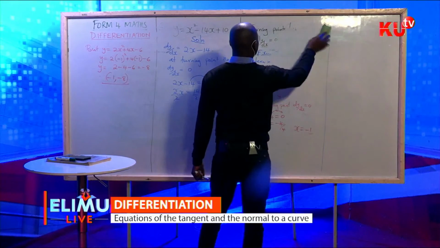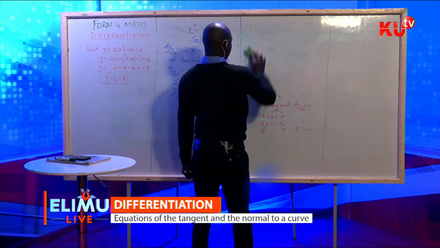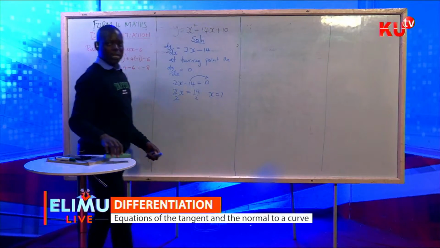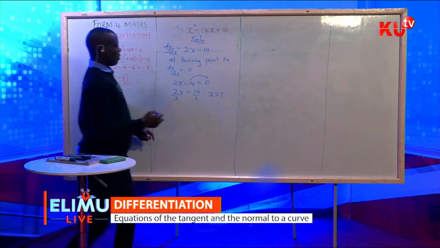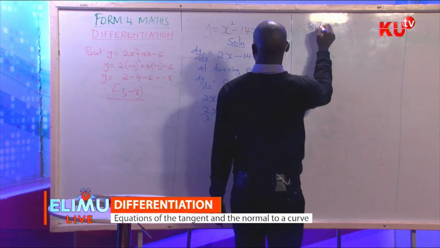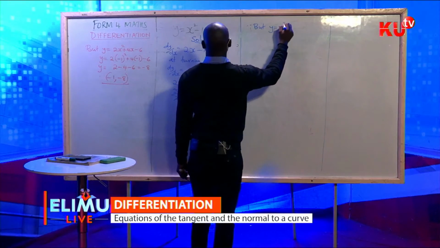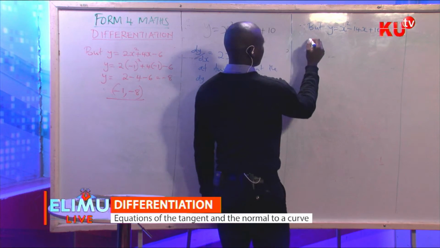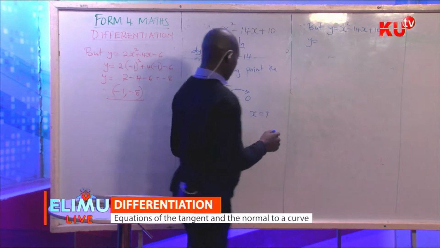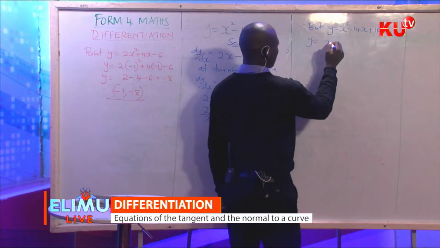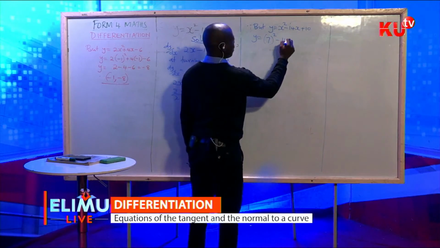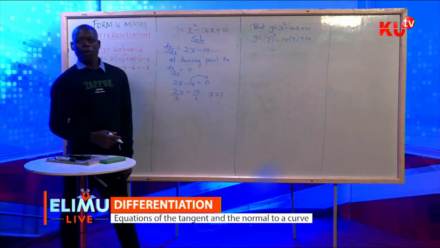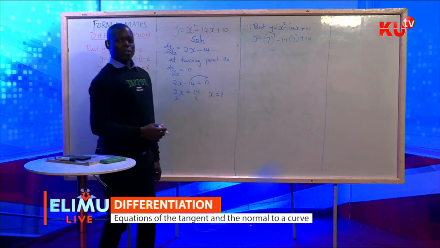And now we get the value for y at the point x is equals to 7. So what do we do, students? We say, but y is defined by x squared minus 14x plus 10. So it will be y is equals to, x is 7. So we'll have 7 squared minus 14 into 7 plus 10. What is 7 squared, students?